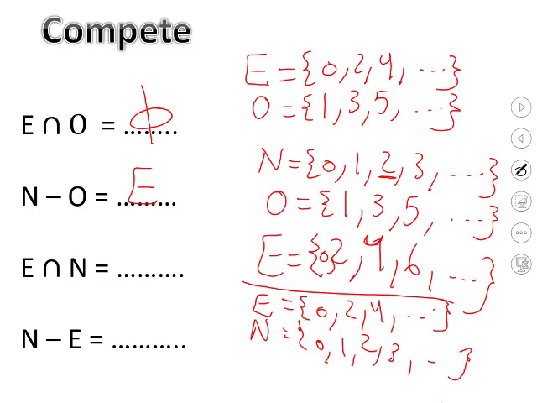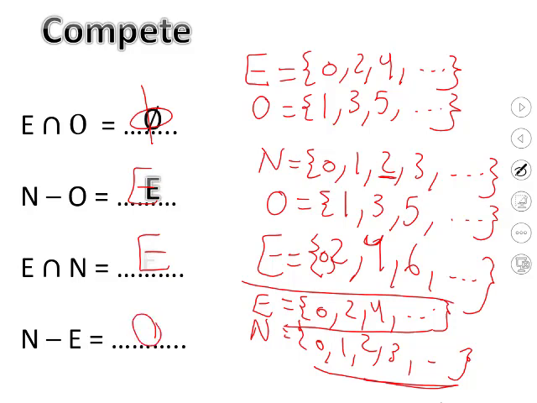The common elements between them equal 0, 2, 4, and so on. So it's equal E. The last question, N difference E, natural numbers difference even numbers. What are the elements that exist in natural numbers and do not exist in even numbers? Yes, the elements are 1, 3, 5, 7. So it's the set of odd numbers.